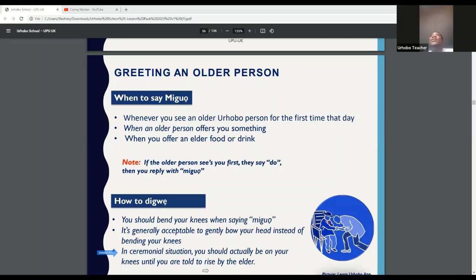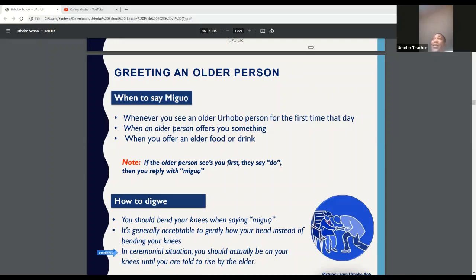And those who take chieftaincy titles before the king will have to go down on their knees. But if you really want to show deep respect for somebody and it's comfortable for you, you can go down on your knees, but it's not a must.